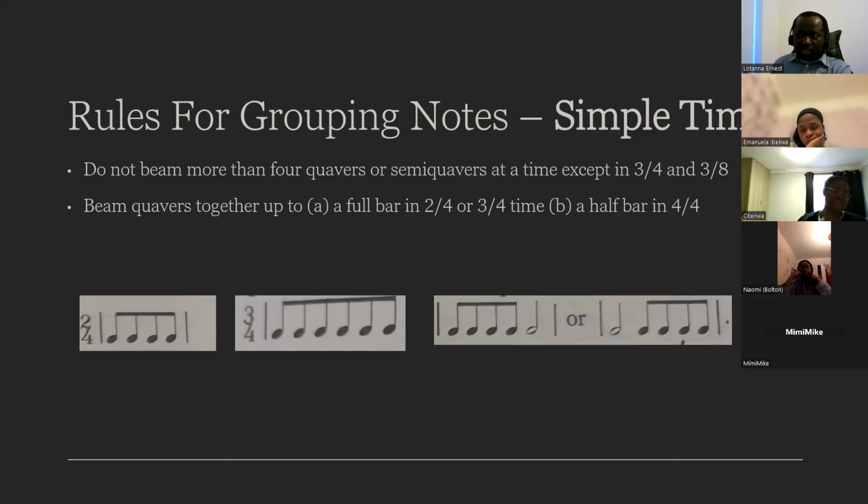The reason is because you have the first beat, you have the second beat, then there should be a difference between the second beat and the third beat. Because in 4/4, you have a strong beat, a weak beat, a strong beat, a weak beat. So you can't tie a weak beat to a strong beat. You can't tie 2 to 3.